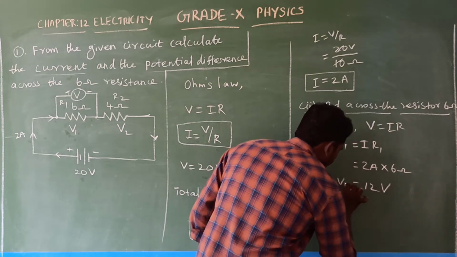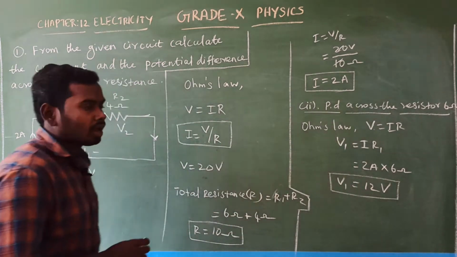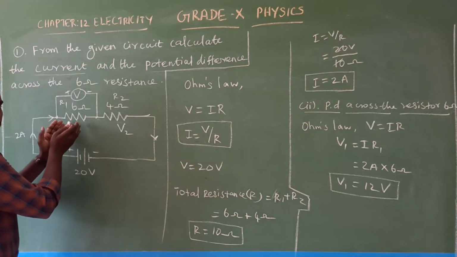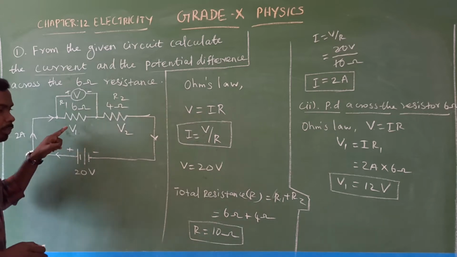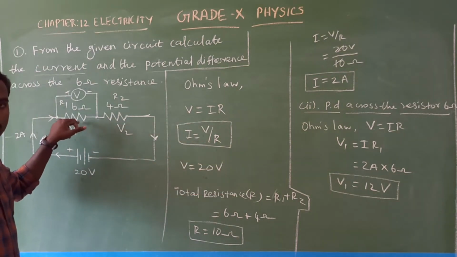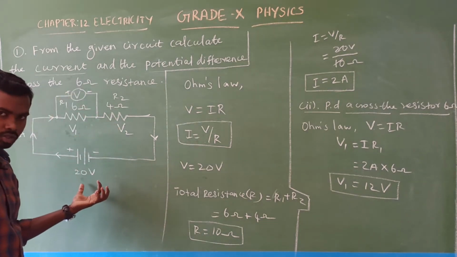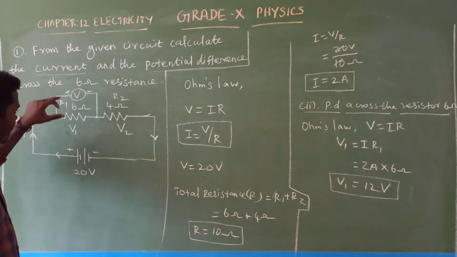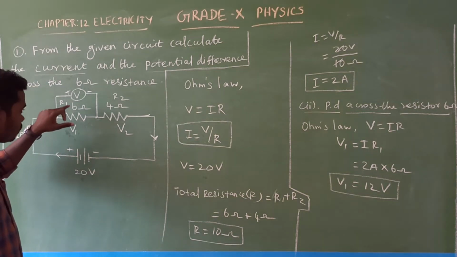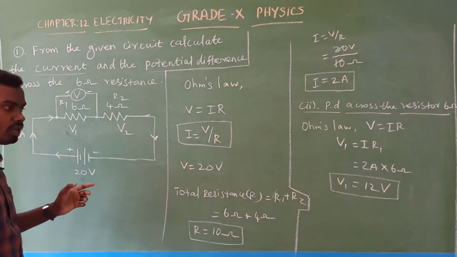So note this point: across the resistor R1, which means 6 ohm, the potential difference value is 12 volt. Throughout the circuit the potential difference value is 20 volt, but across the 6 ohm resistor the potential difference value is 12 volt.